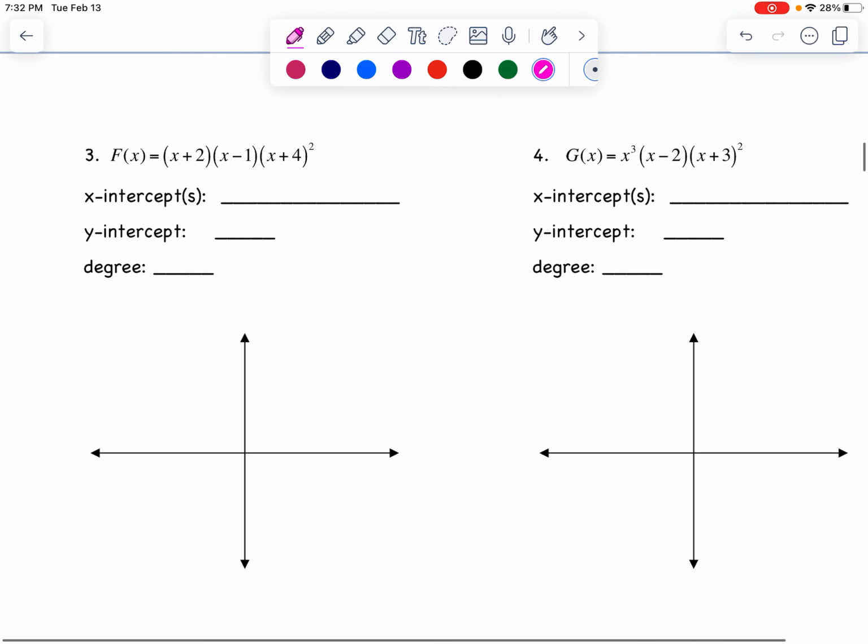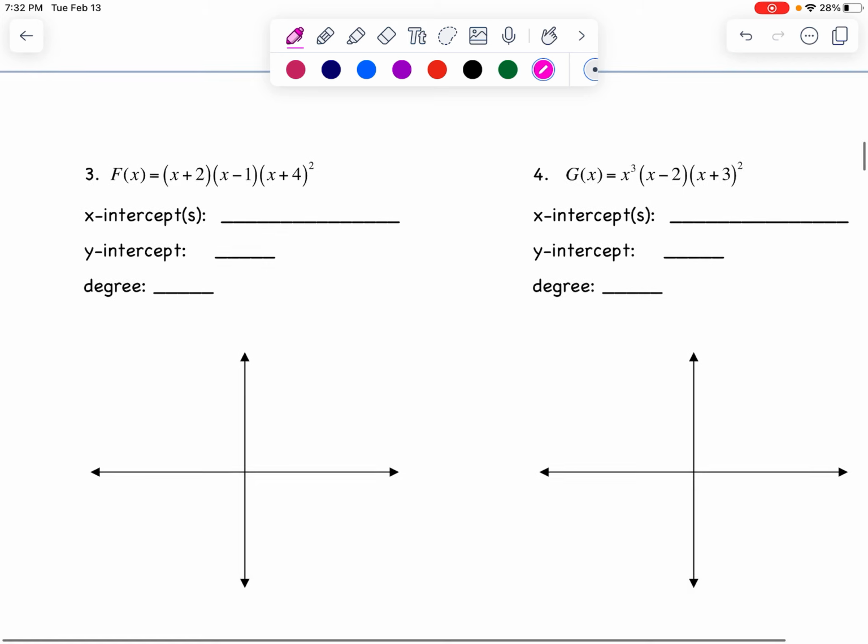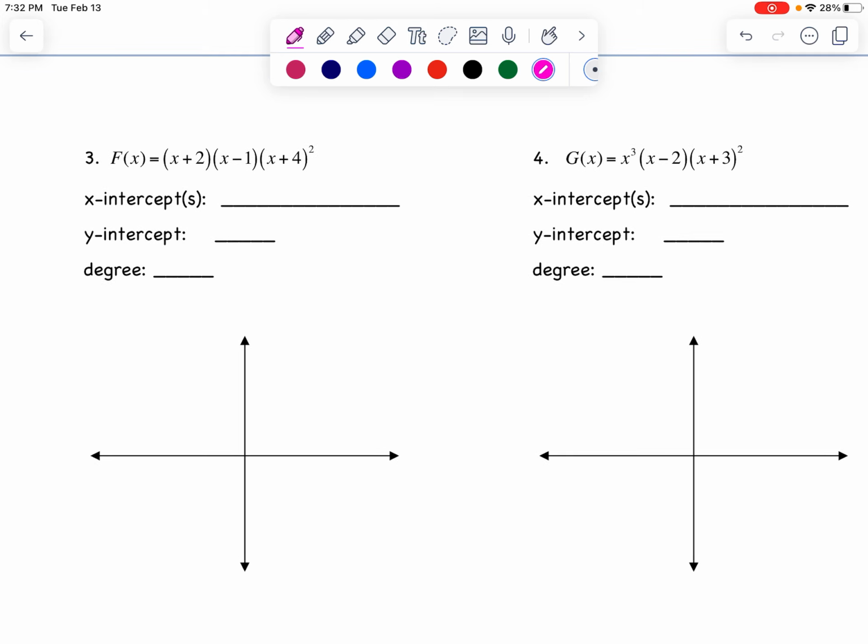All right, number 3. Let's go ahead and find your x-intercepts. Looks like we are at -2, 0, at 1, 0, and at -4, 0. Okay, we can go ahead and plot those on our graph.